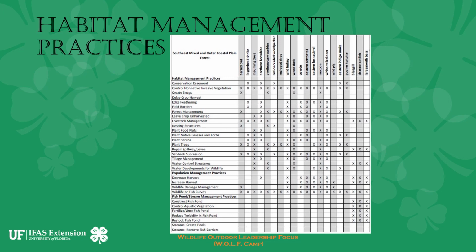For like the ones that says water developments for wildlife, you see that there's only a couple wildlife species selected. Well, they're like us. They need water to survive. We have to drink water. Well, some wildlife get enough water from the diet that they eat, so water developments would not be necessary.